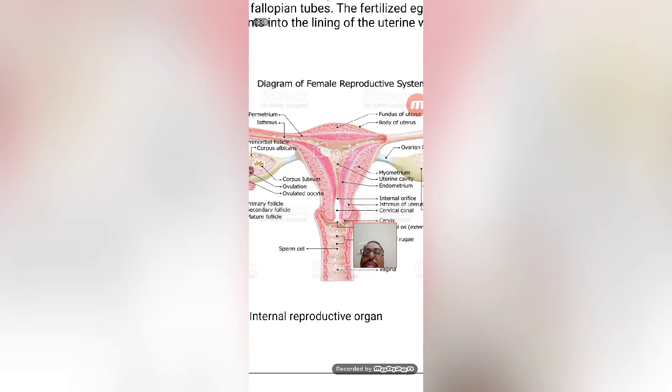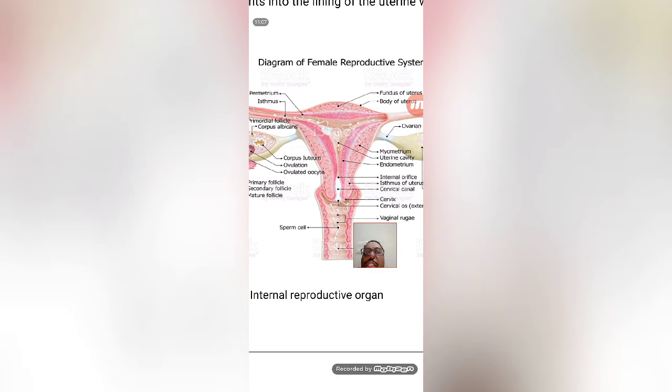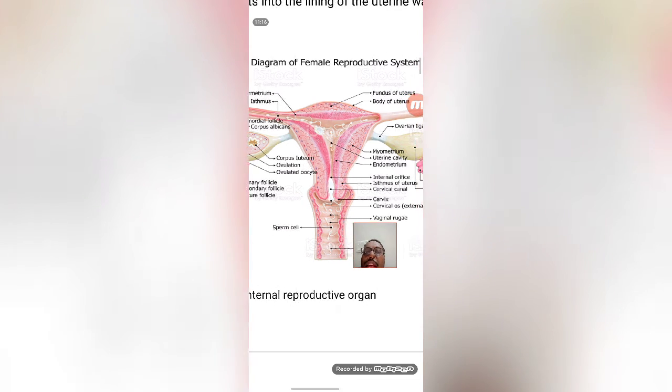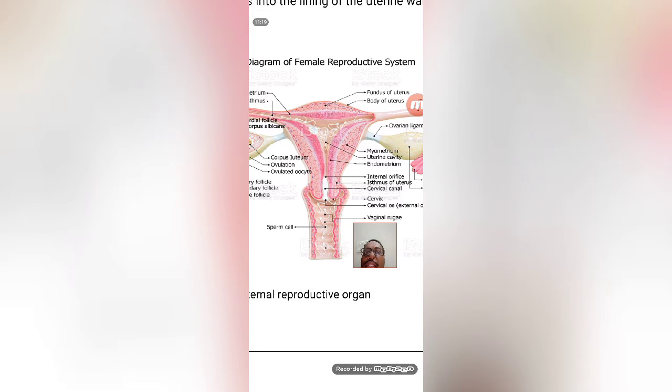After fertilization, the zygote, or we can say the embryo, will come and attach to the uterus. This is the main thing you have to understand. Coming down, you can see that the path becomes very narrow, and we can see the cervical canal, cervix, then vagina.